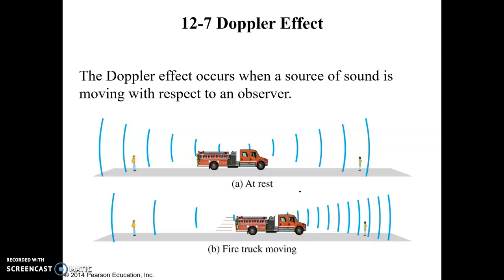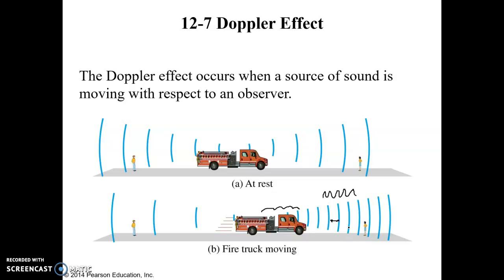When that fire truck is coming towards you, it's traveling with respect to the sound waves being created. And because each subsequent wave gets produced a little bit further to the right, it compresses these waves. It makes them closer together. And when waves are close together, that means they have a higher frequency.